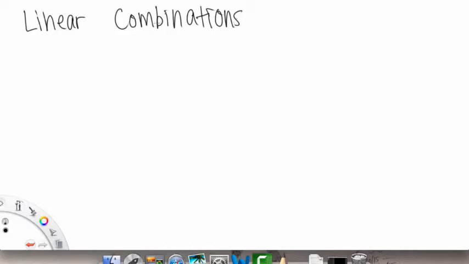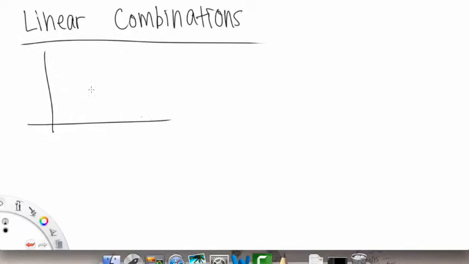Now I'm going to introduce a new topic involving vectors, and that is linear combinations. Let's say, again, I'll draw a couple of vectors here. So this is vector v and vector w.